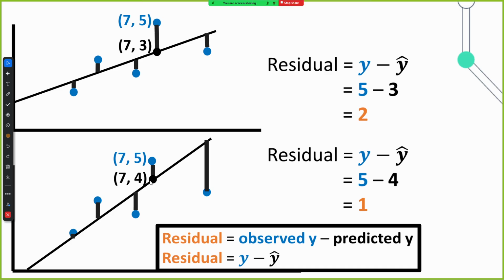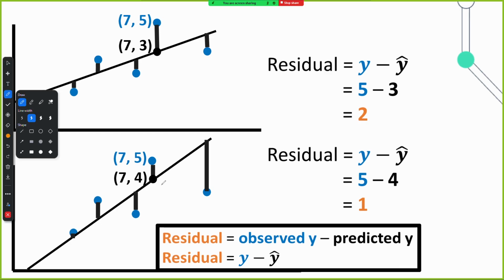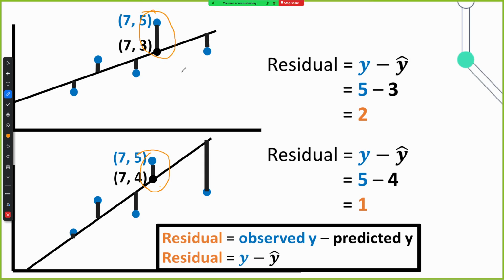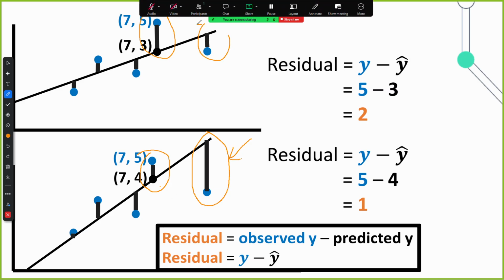And as we can see, at some points the prediction for B is better. So at this point it's better for B and worse for A. But at a different one, like right here, it's worse for B and better for A.